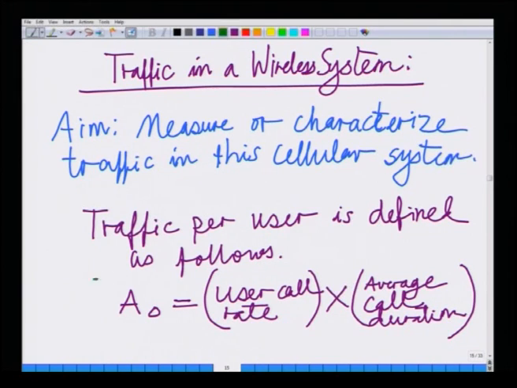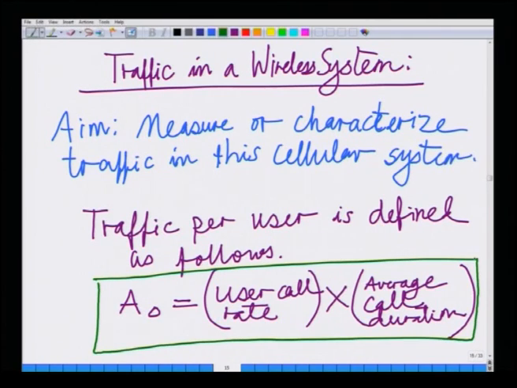So, the traffic per user, which is A naught, is the user call rate into the average call duration, and this is nothing but the traffic per single user.